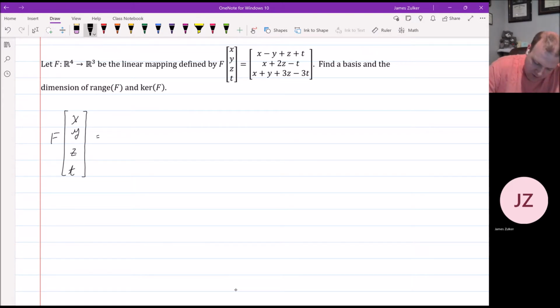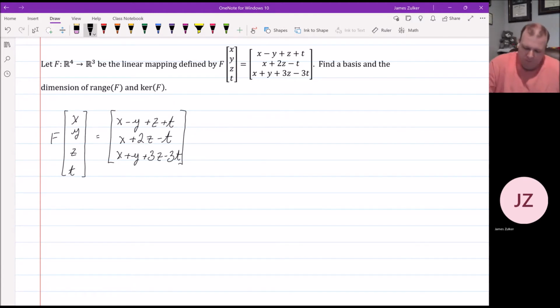So that's going to equal, of course, this. And we want to set that equal to the zero vector of the codomain, which in this case is the 3, 0 vector.